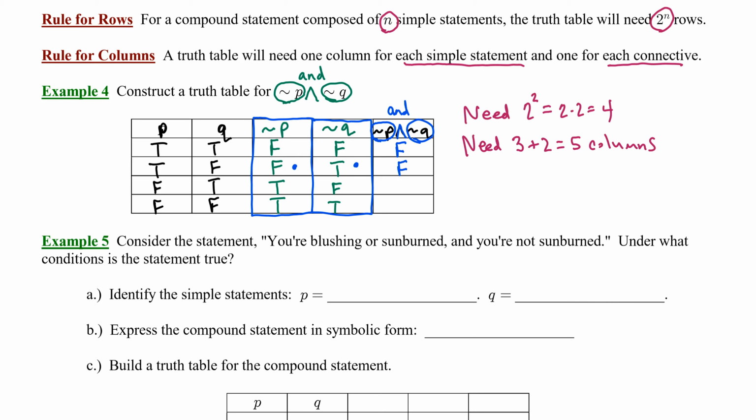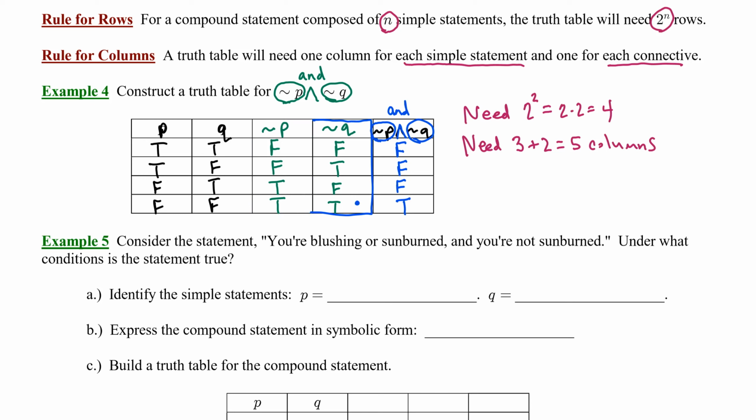So this conjunction is false. Next row, not P is true, not Q is false. Therefore, the conjunction is false, because remember, I have to have the case of two truths in order to get a true for conjunction. Finally, not P is true, not Q is true, therefore our conjunction is true.